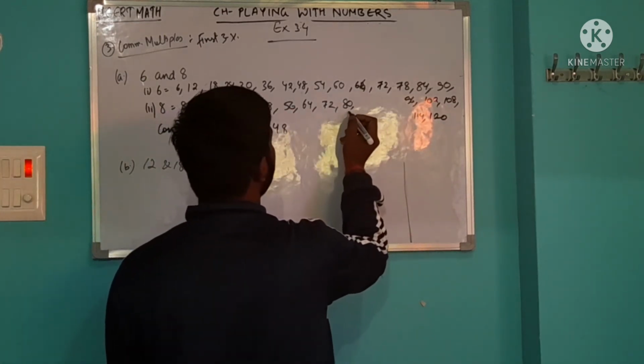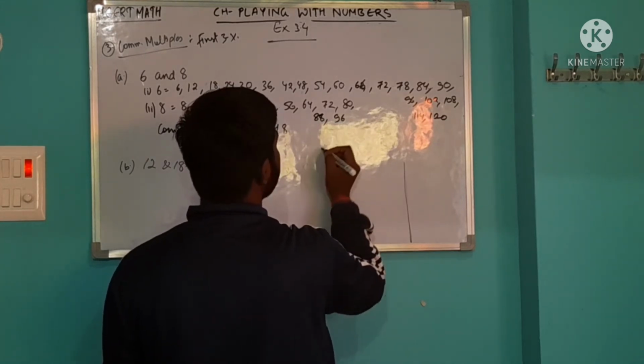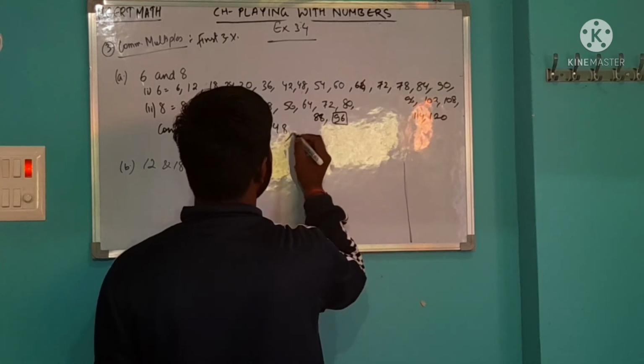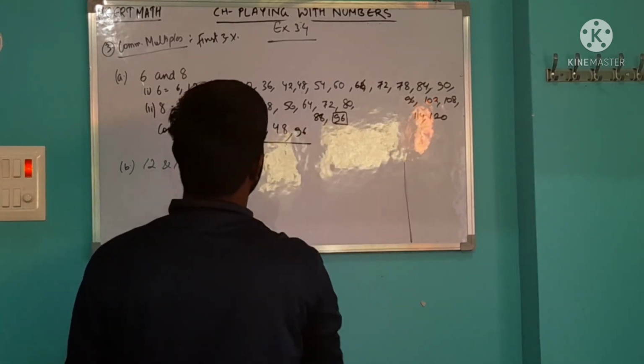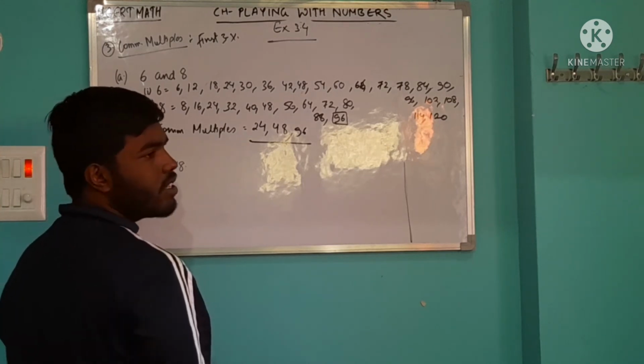In 8's multiples we have 88, 96. Yes, we get our third term, which is 96. So these are the three common multiples of 6 and 8: 24, 48 and 96.